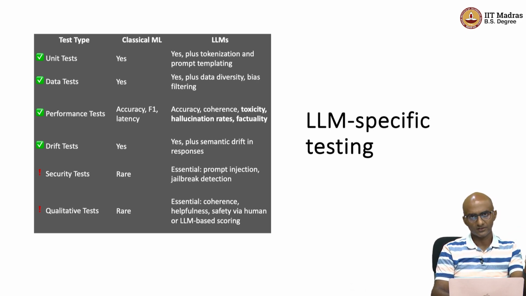Qualitative tests are also essential. So here we're talking about helpfulness. Is the output meeting the bar with respect to at least trying to answer the question? So if I'm asking an insurance chatbot, which is trying to help me with customer service requests, hey, is diabetes covered in the policy?